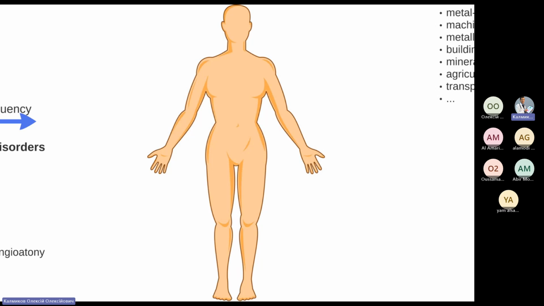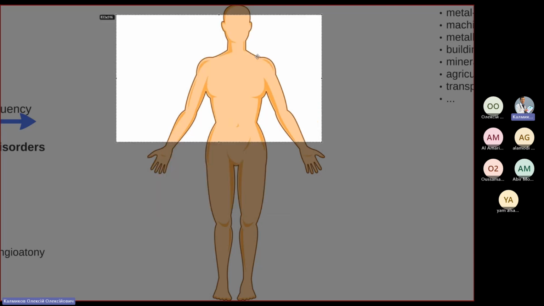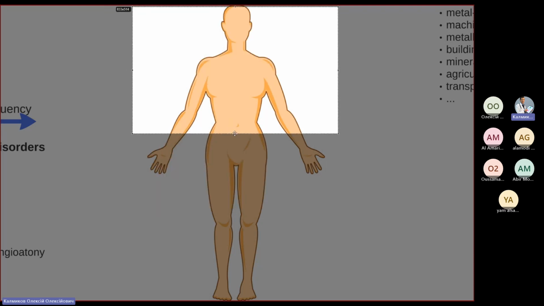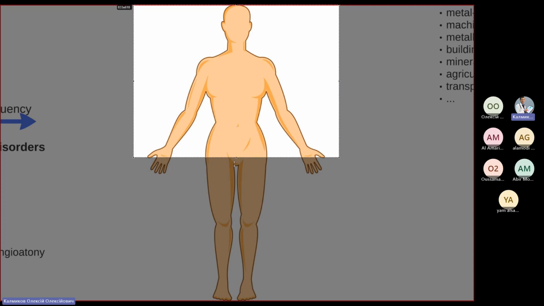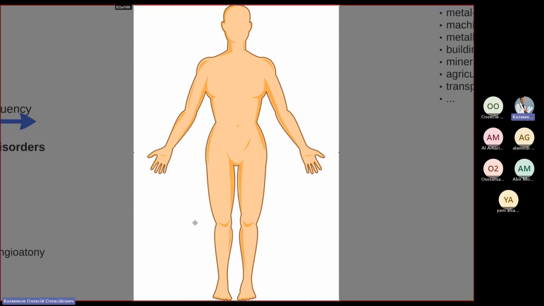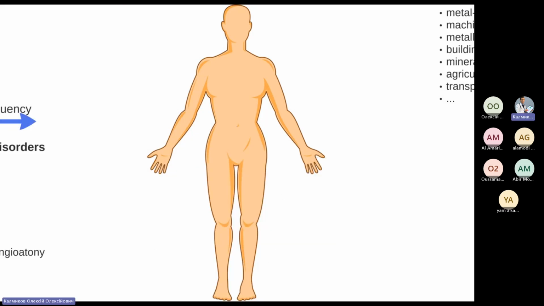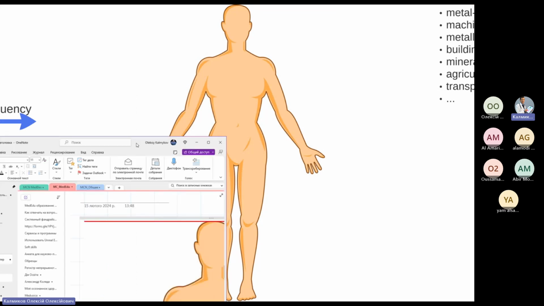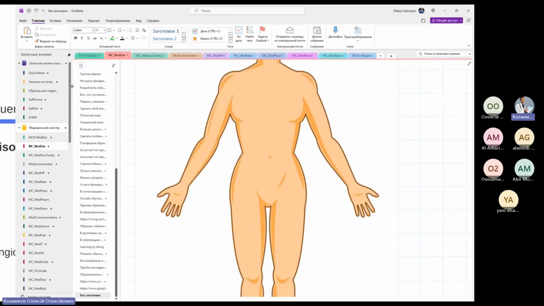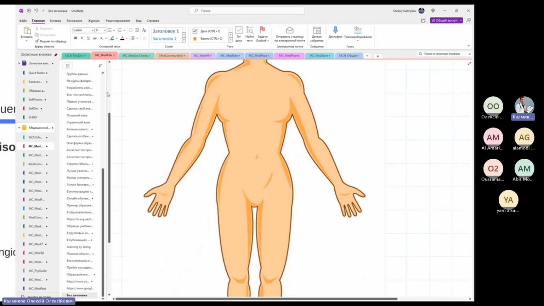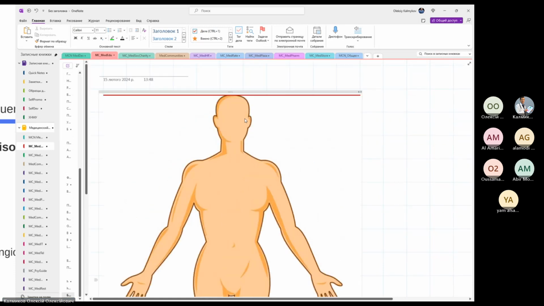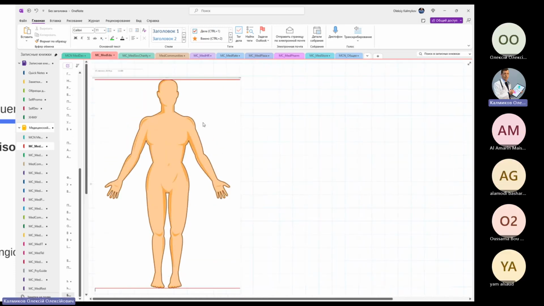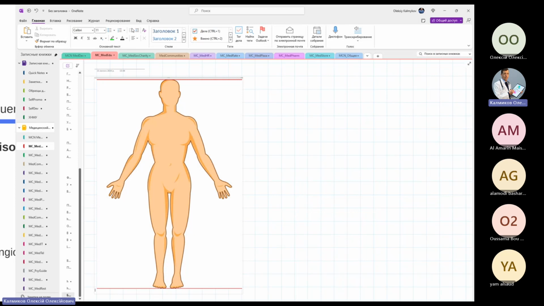One moment. Let me choose and copy paste. Good. Okay, I hope you see the screen clearly now.